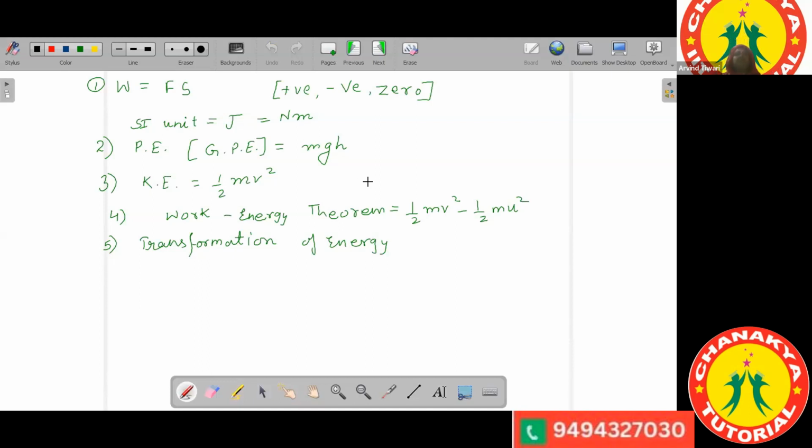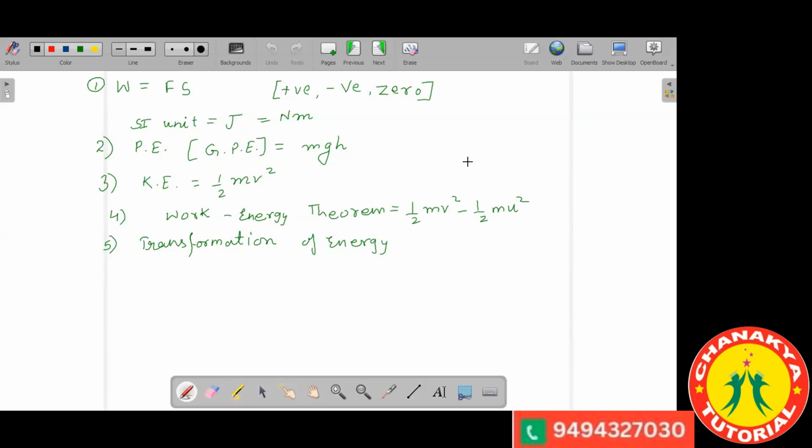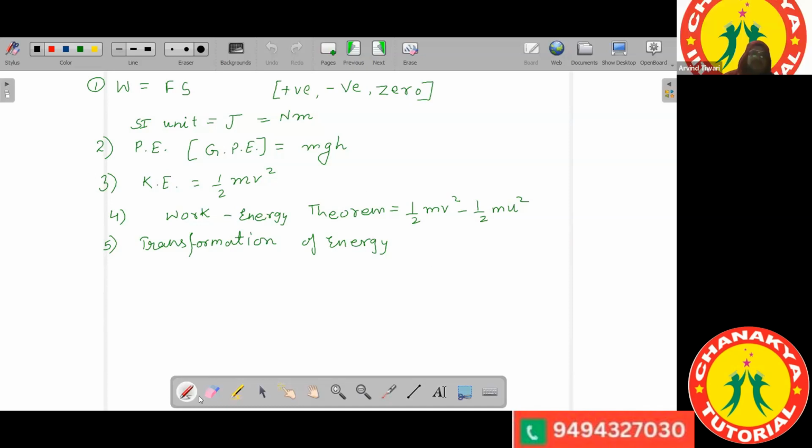The work done, potential energy, kinetic energy, work energy theorem, transformation of energy. So these were the formulas.